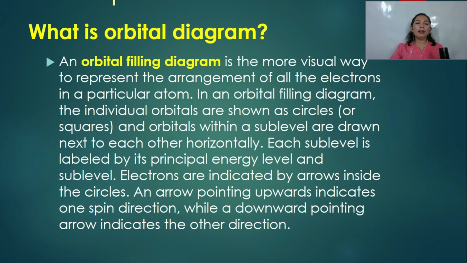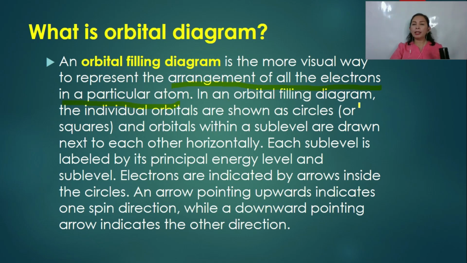Then what about the atomic orbital diagram? An orbital filling diagram is the more visual way to represent the arrangement of all the electrons in a particular atom.